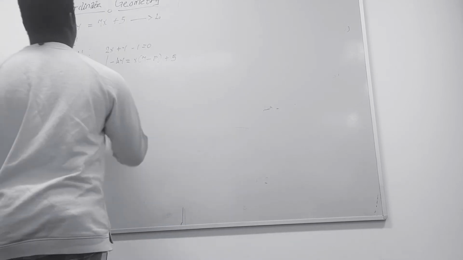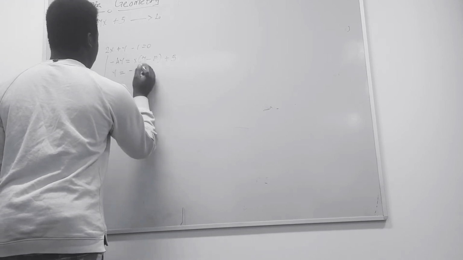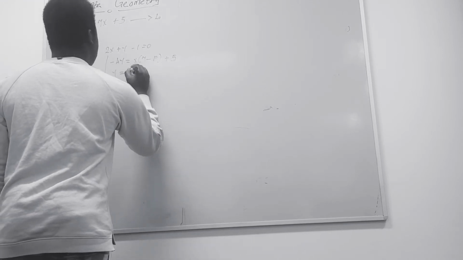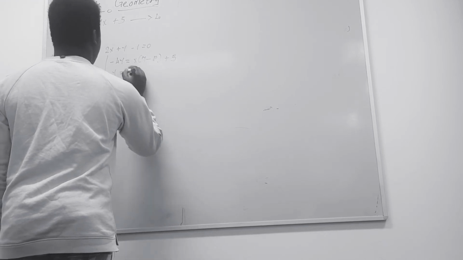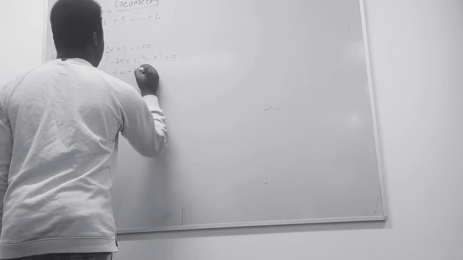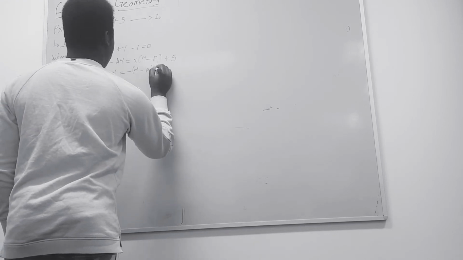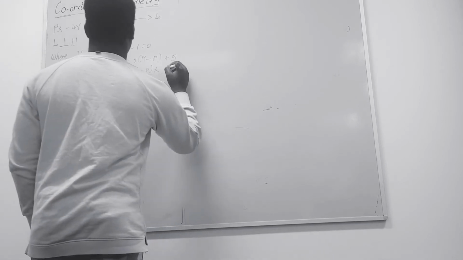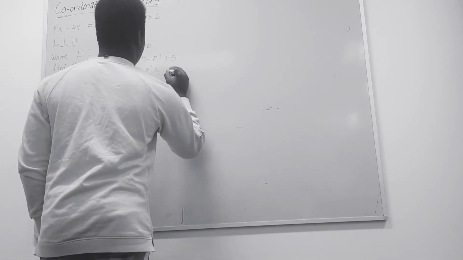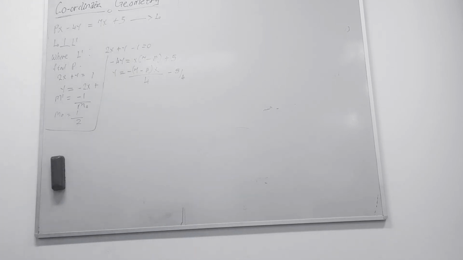Hence, y is equal to negative, you know what, let's write out 7 minus p, no, sorry, minus (7 minus p)x divided by 4 plus minus 5 divided by 4.